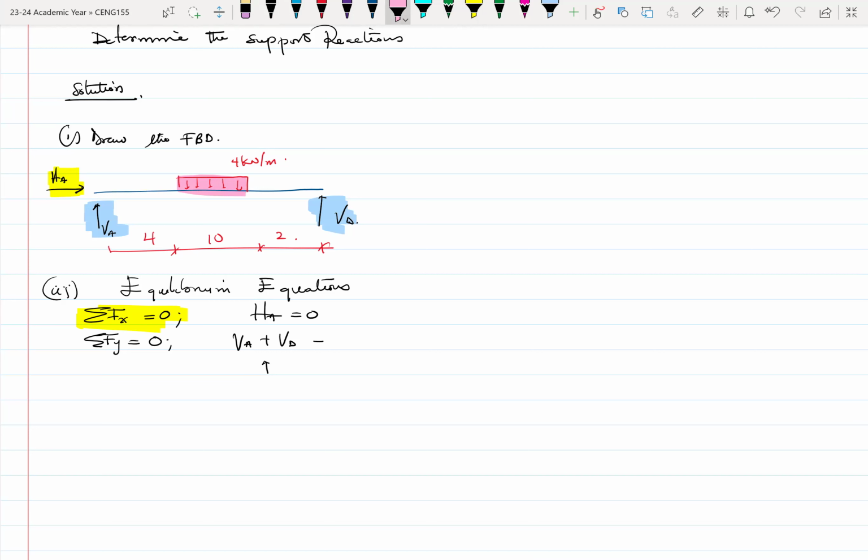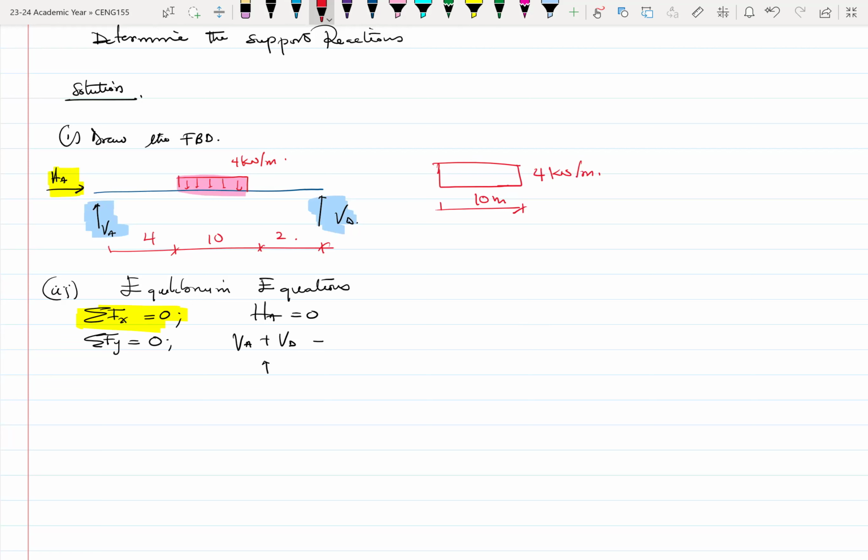That's the idea. Okay. So if I take that apart, this is what I have. Okay. Here's 4, and this distance here is the 10 meters. Sorry, 10 meters, not millimeters. And the height is 4 kilonewtons per meter.